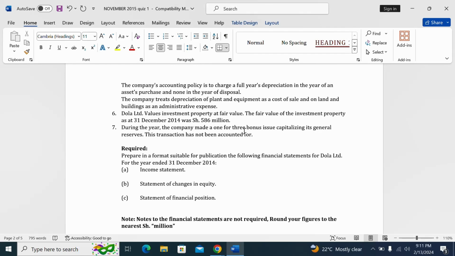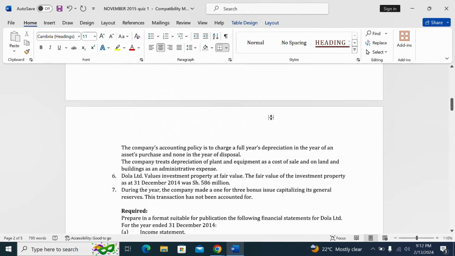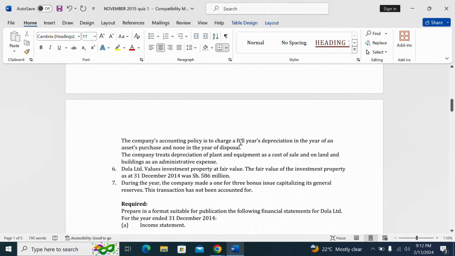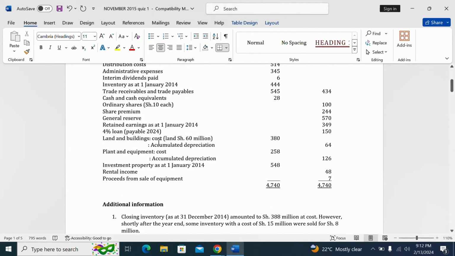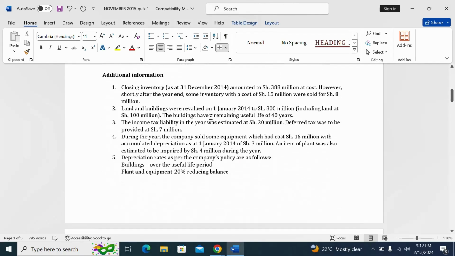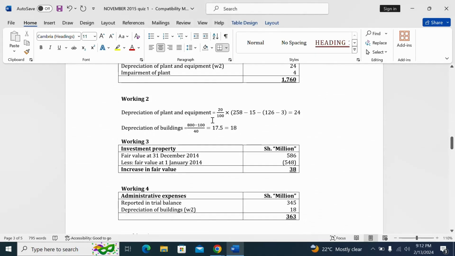Those shares were utilizing the general reserve. Therefore, they were reducing the general reserve and increasing the shares. How many shares were held by the shareholder in the company when the bonus was being issued? We just check that information in the trial balance. The ordinary shares were 100 million at 10 each.